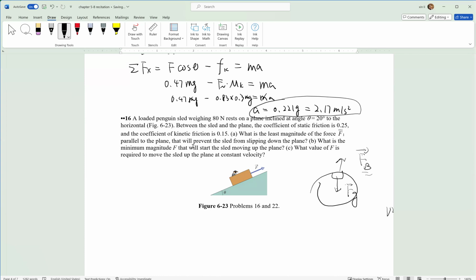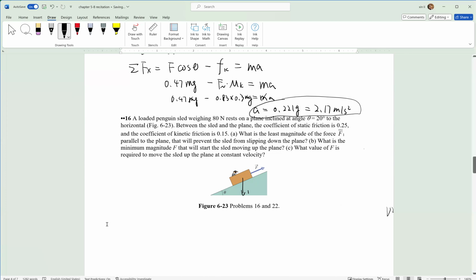So you are going to do a free body diagram and find the F here. B: what is the minimal magnitude of F that will start the sled moving up the plane? C: what value of F is required to move the sled up at a constant velocity? So this is three problems, but we are going to have just one free body diagram.